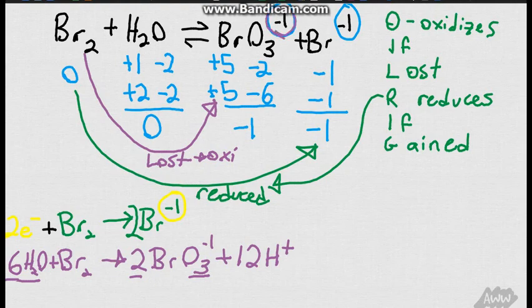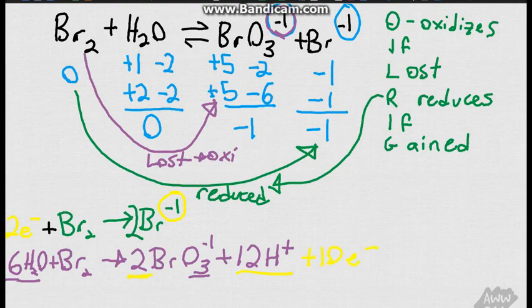Our net charge on the left-hand side from the BrO3, because there's 2 of them, is going to be 2 minus, and on the left-hand side there's nothing that's charged, so it's a net charge of 0. But on the right-hand side, we not only have a -2 from the 2 BrO3, we also have 12 hydrogens. So that gives us a net charge of 10 plus. So in order to avoid that 10 plus charge, we're going to need to add 10 electrons to this side.